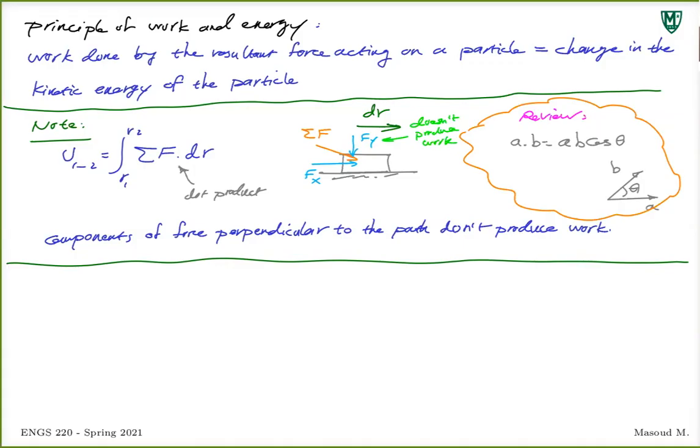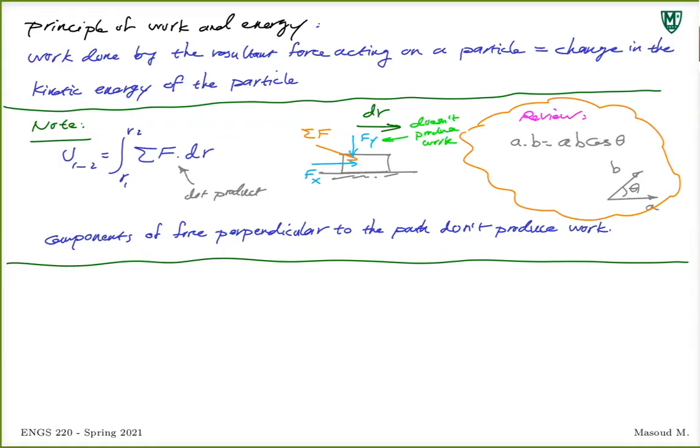So we're talking about components of force perpendicular to a path do not produce work. Exactly, Connor, that's where I was going. I understand that the question wasn't well phrased, but yes. When you're looking at the motion in the tangent normal coordinate system, the normal component never produces work, whatever normal component of force you have.